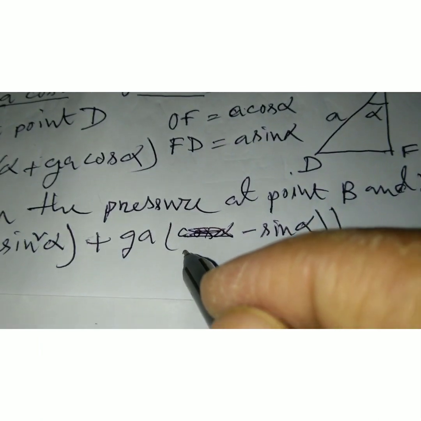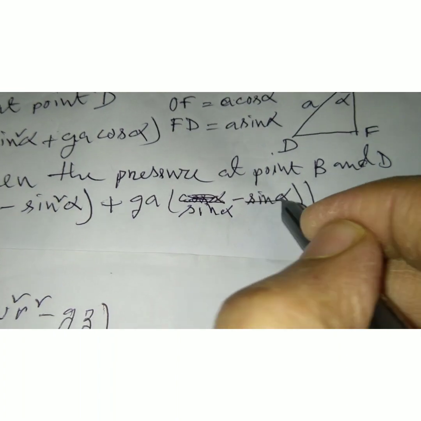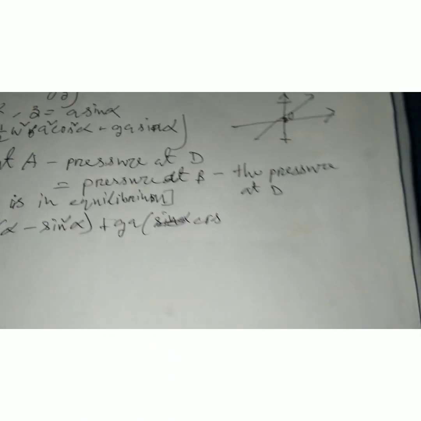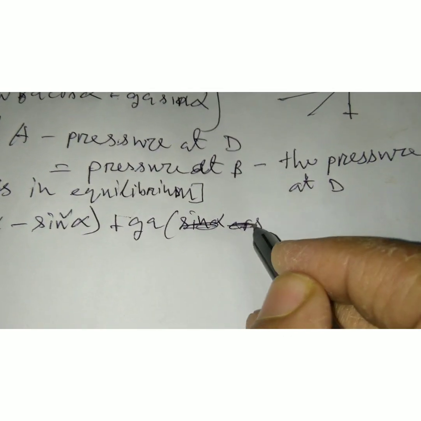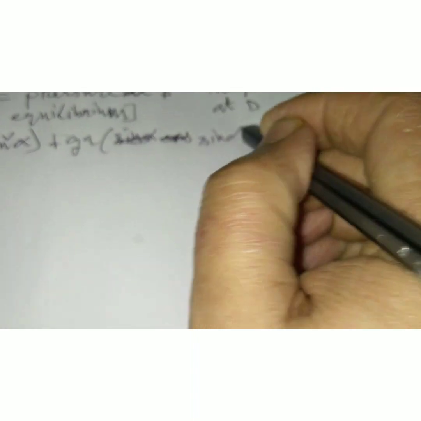Okay, minus plus minus is correct. It is very important. G sin alpha, sorry, I wrote this wrong. G sin alpha minus cos alpha. So G sin alpha minus cos alpha.